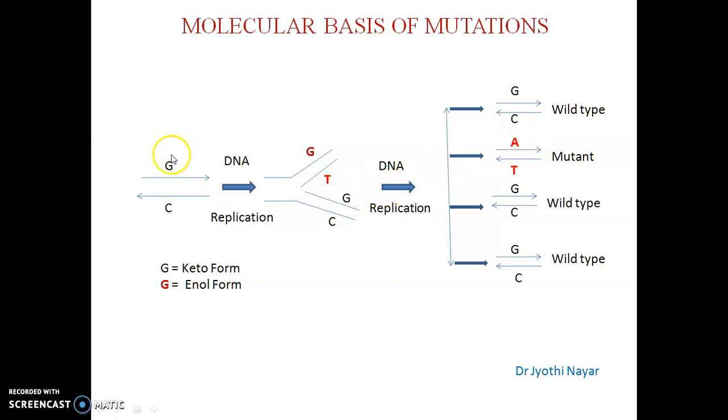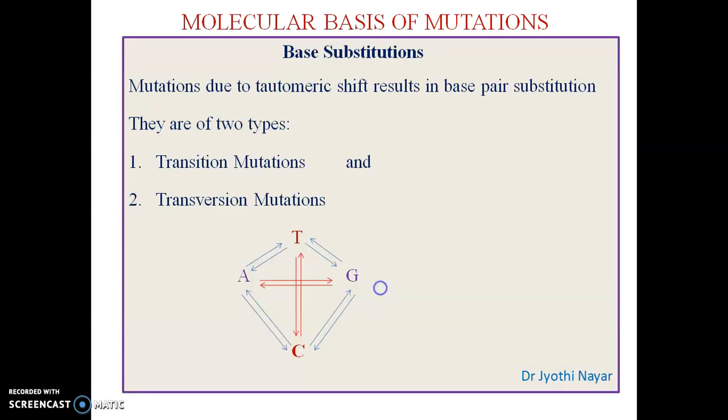However, a normal GC base pairing, due to the change from the keto form to the enol form, will result in an AT base pairing, which is a mutant type. This type of change can be seen with all the four bases when they are present in their unstable form.